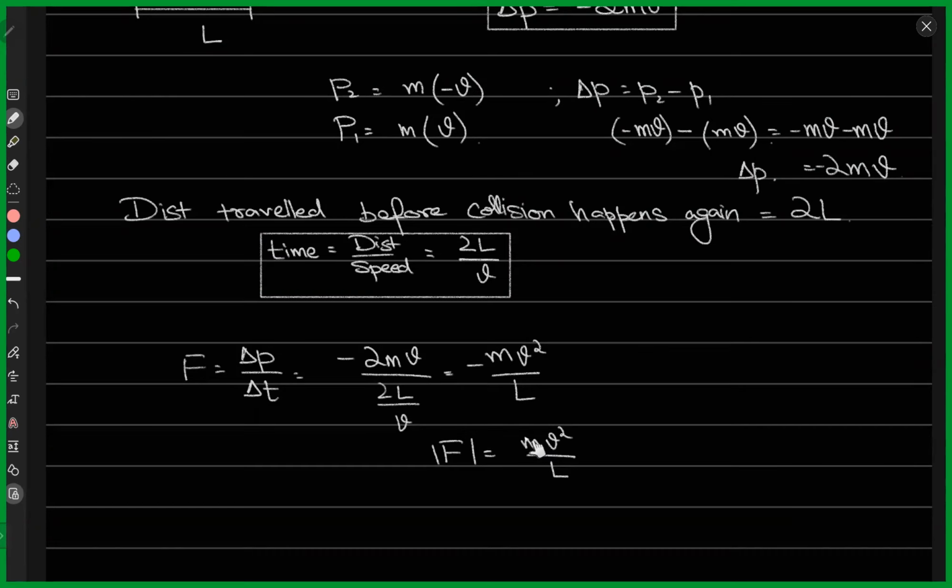So the expression does look similar to the centripetal force one, but it is not related to it, because we never started off with anything having a circular motion, right? You can think in terms of a molecule which is hitting a wall and coming back to its same position. And that's what happens in a circle.